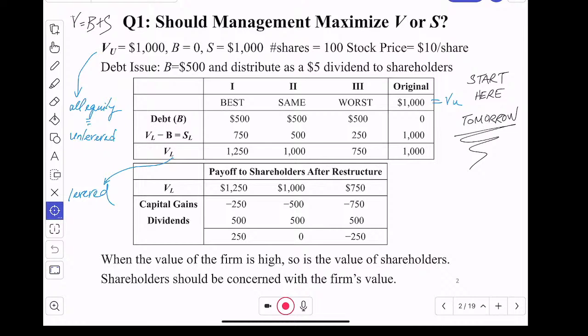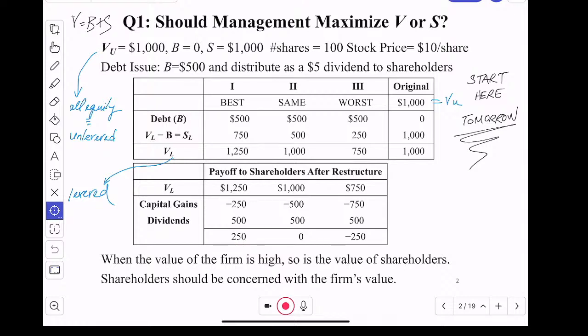Now there's a capital gain or loss by the issue because shareholders' value went from 1,000 to 750. So I mark that as capital gain or capital loss. But then that is offset by the dividends received. So the payoff is positive to shareholders of this restructuring.